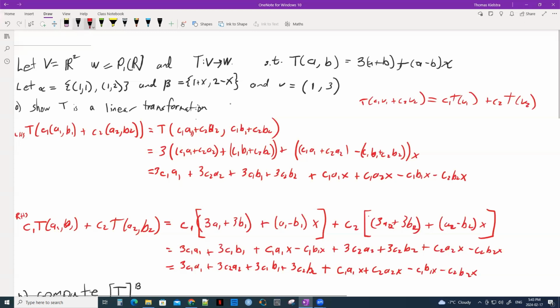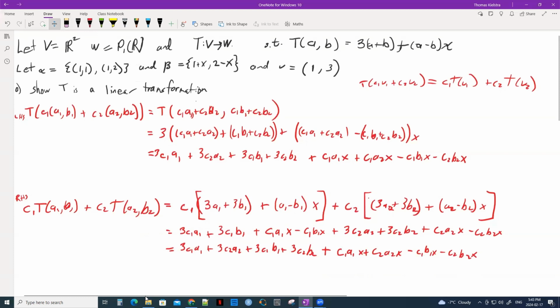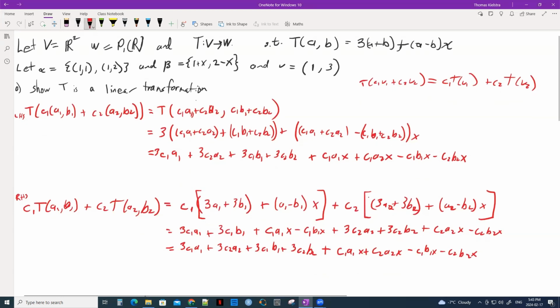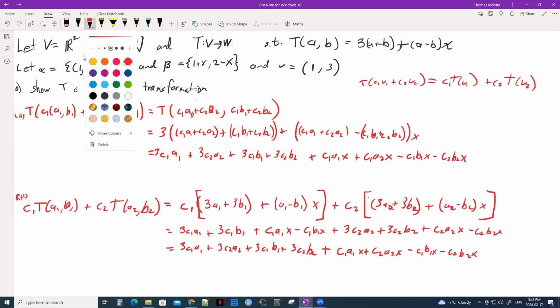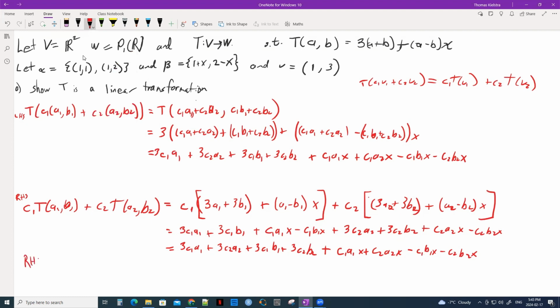And we can see that the right-hand side equals the left-hand side. So at this point, we can see that our right-hand side equals left-hand side.